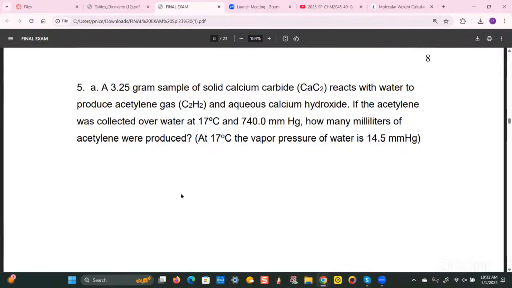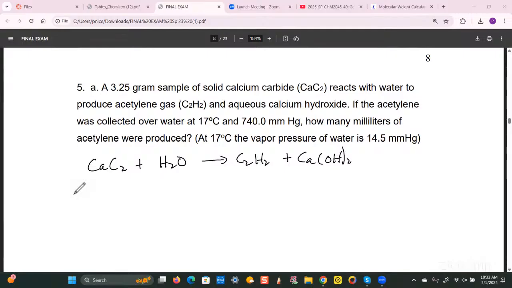Okay, so this is what I would do. I would first start out with a balanced equation. You have to read the question in order to get information so that you can get an equation. Calcium carbide is one reactant, and it's reacting with water to produce acetylene gas, C2H2, and calcium hydroxide, Ca(OH)2.